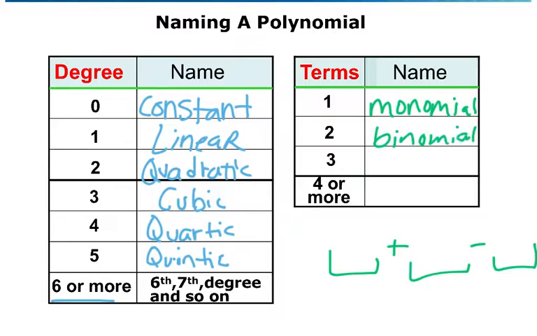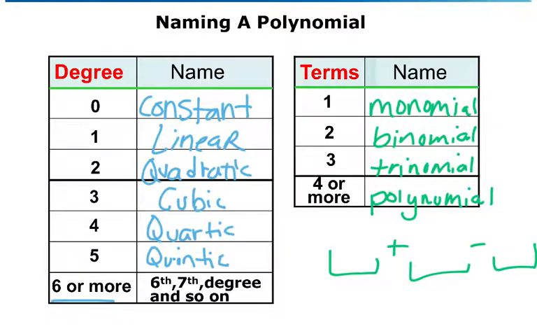Again, bi meaning 2. Trinomial for 3. And then literally after 3, if there's 4 or more, we just go with the word polynomial, which we talked about earlier, but poly meaning many. So monomial is 1, binomial is 2, trinomial is 3, and then poly is just everything after that.